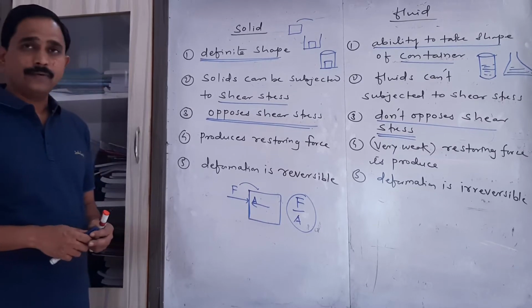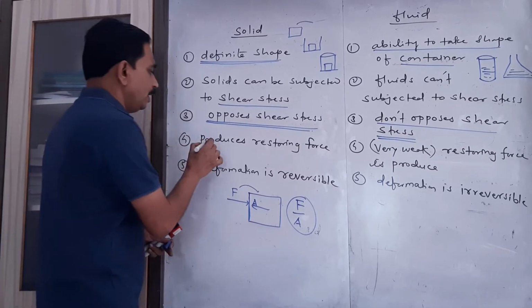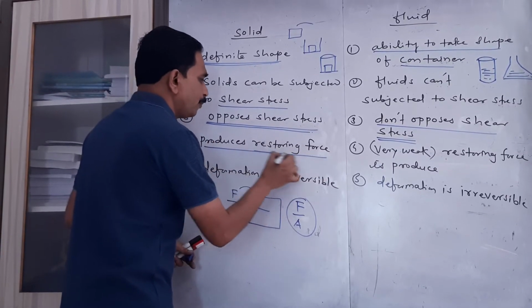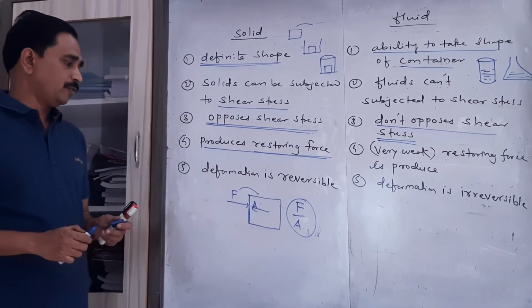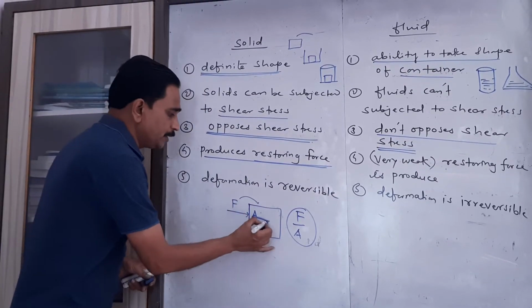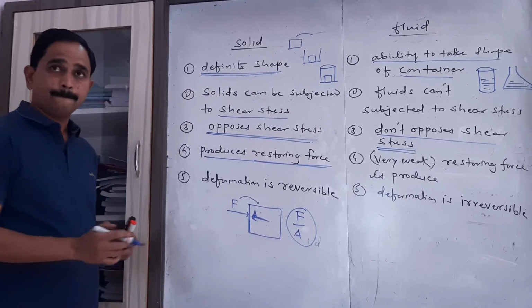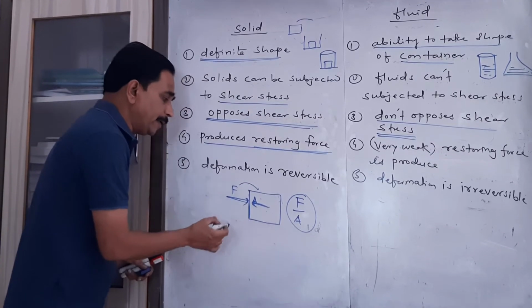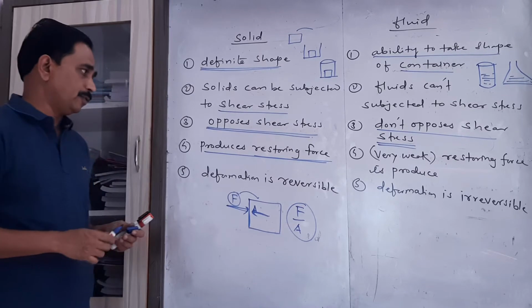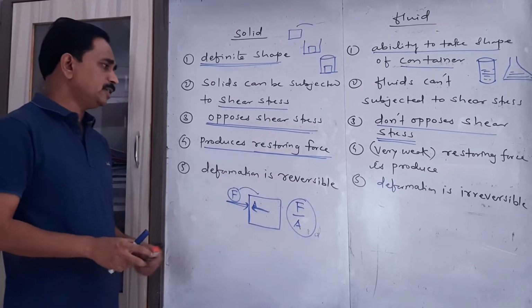Then the fourth point: solids generally produce a restoring force. That is the force which is set up internally due to application of the external force. That force is called the restoring force.